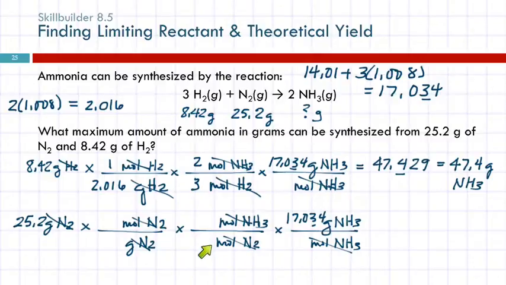This one in the middle, I just look up here. There's still a 2 in front of NH3, and there's an implied 1 in front of nitrogen. So 2 and 1. And then I need the molar mass of nitrogen, 2 times 14.01, 28.02.